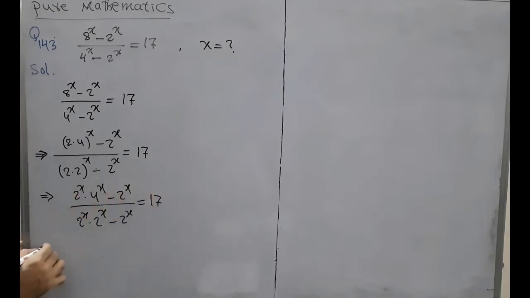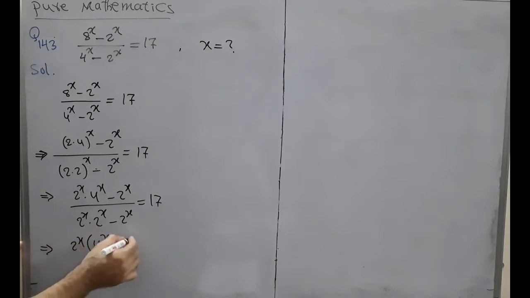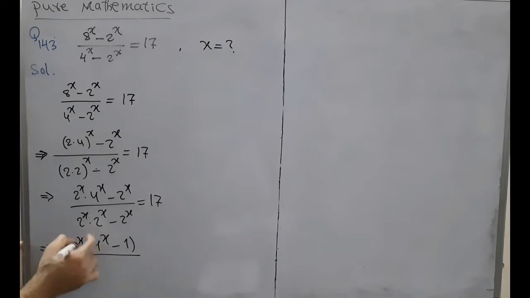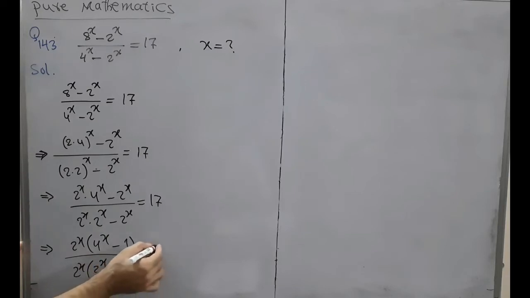This implies we take 2 to the power x as a factor. Here we have 2 to the power x, also here we have 2 to the power x. Here we get 4 to the power x minus 1 over 2 to the power x as a factor, we get 2 to the power x minus 2 minus 1. It is equal to 17.